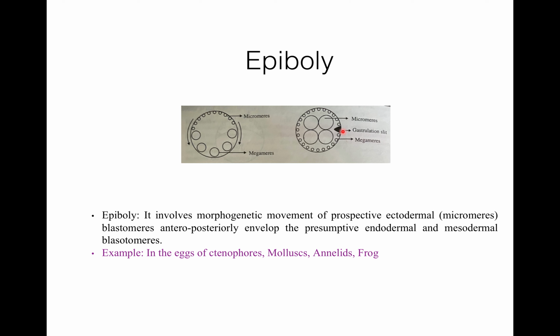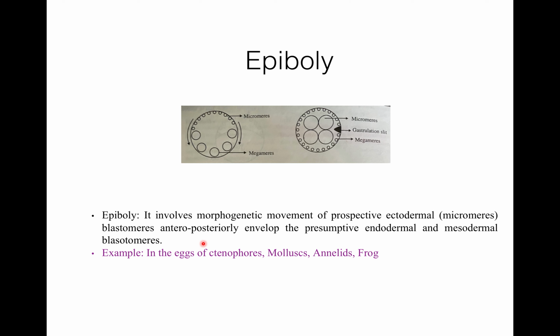Micromeres, that is prospective ectoderm, over megameres, that is prospective endoderm. And at one specific point, micromeres do not cover megameres. So you can see megameres are covered by micromeres, but there is one point where micromeres do not cover megameres, and that place is known as gastrulation slit, which is the blastopore of the future embryo. So this is epiboly.